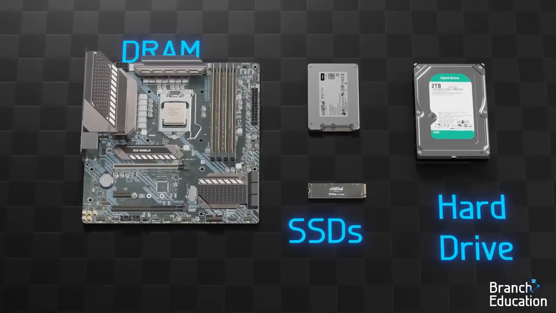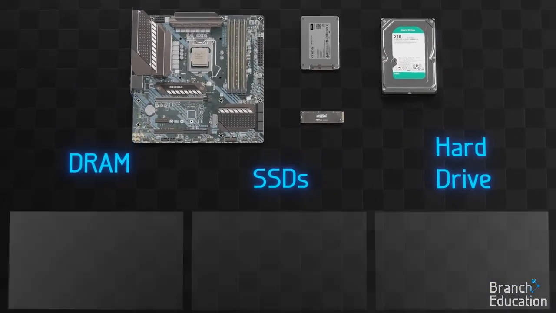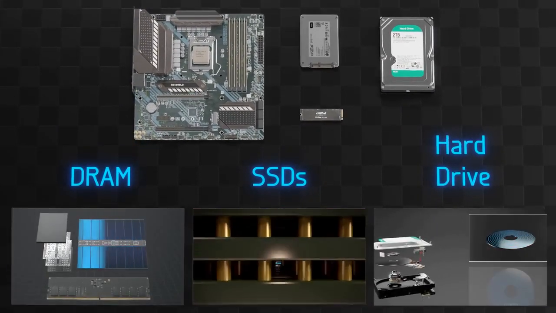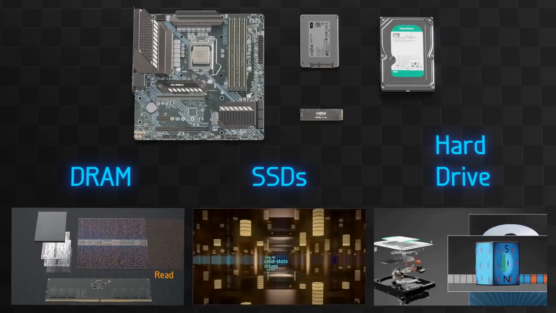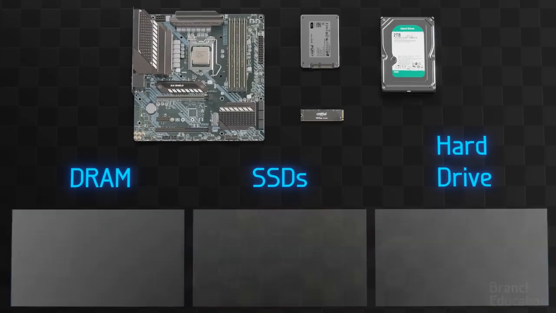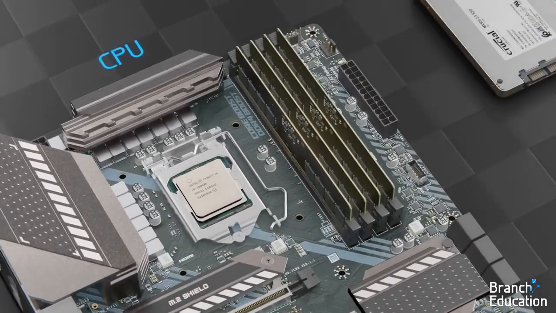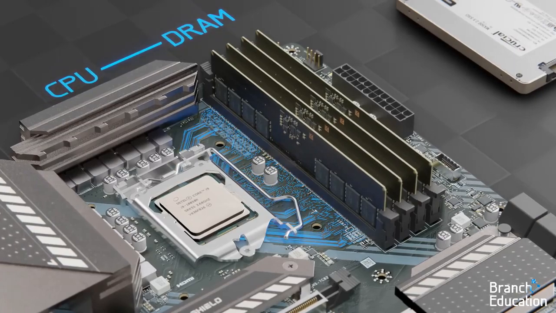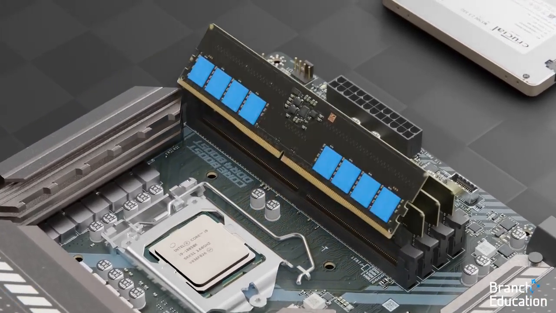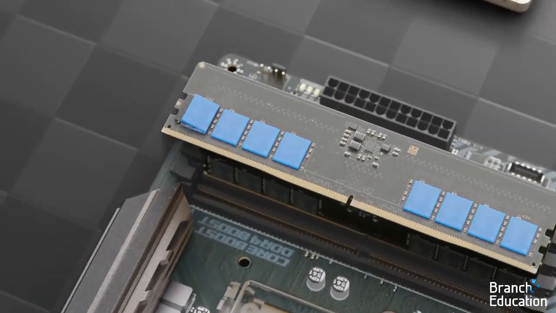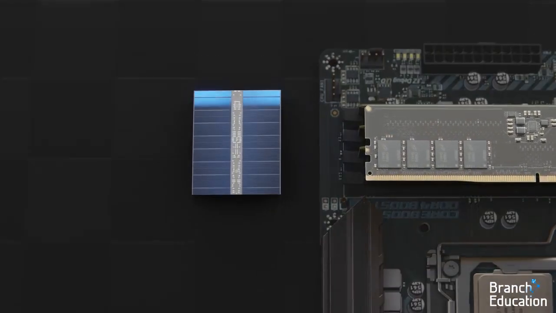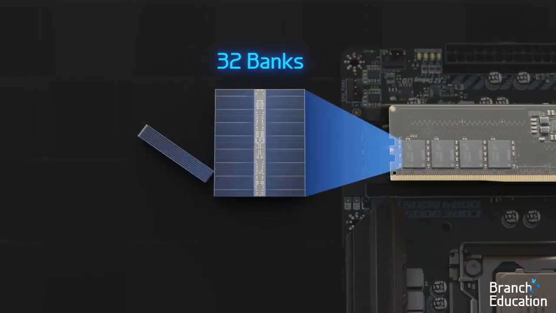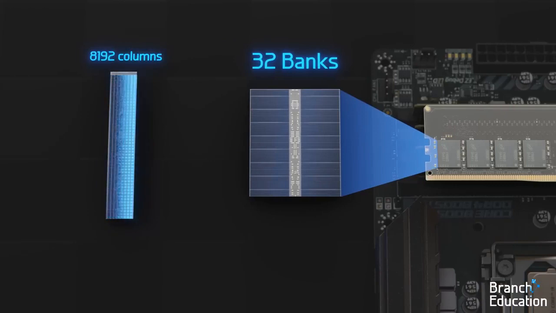We're not going to spend too long because we have an entire series of videos on solid-state drives and then separate videos covering DRAM and hard drives. But quickly, the CPU communicates directly with the DRAM through memory channels running inside the motherboard. Inside each of these 8 DRAM chips is an integrated circuit composed of 32 memory banks, each 8,192 columns wide by 65,536 rows tall.